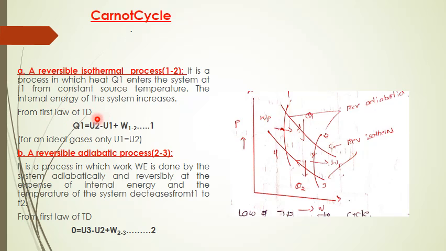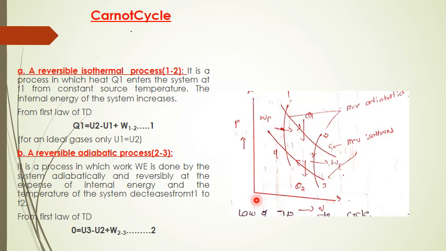From the first law of thermodynamics, if you apply the first law to the process 1 to 2, it becomes Q1 equal to U2 minus U1 plus W1-2. For an ideal gas, U1 is equal to U2. Then the second one, a reversible adiabatic process 2 to 3.